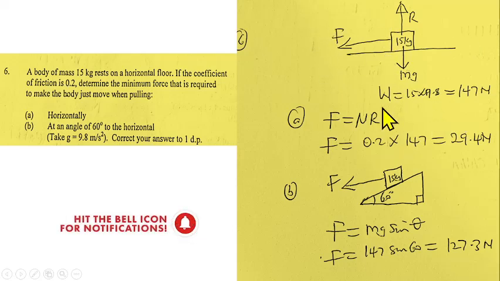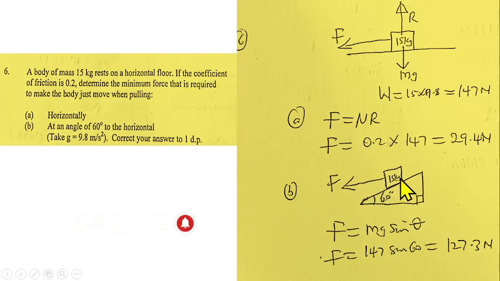Also, we are to look for the force that can move the object when it's on an inclined plane at an angle of 60 degrees, which is what we have here as the diagram. When it comes to force on an inclined plane, we can resolve the force using two components, x component and y component.